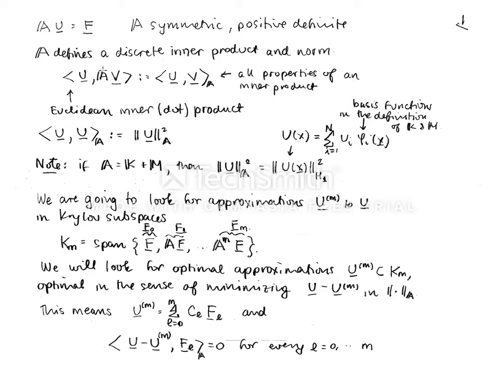You take the usual dot product of those two vectors, but one of them is multiplied by A. This has all the properties of an inner product, and one of which is if you take the A inner product of u with itself, that gives you a well-defined norm.